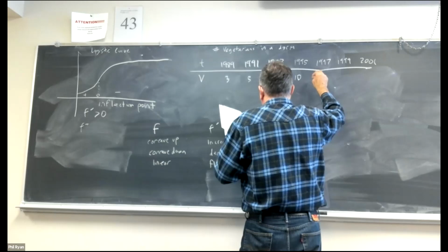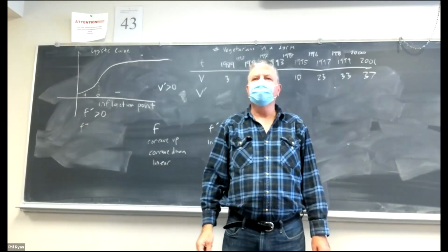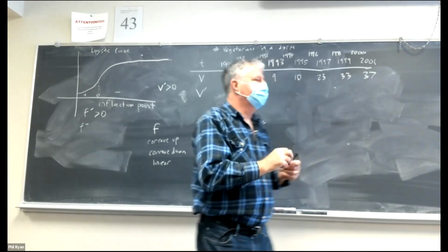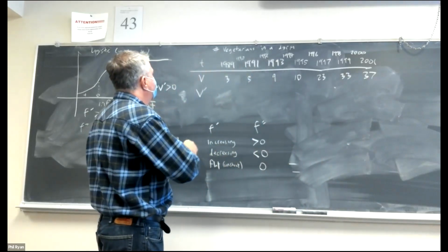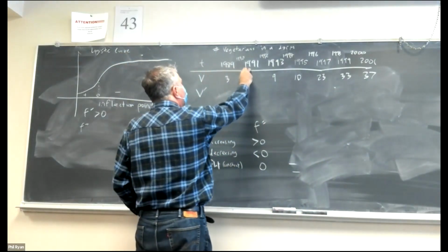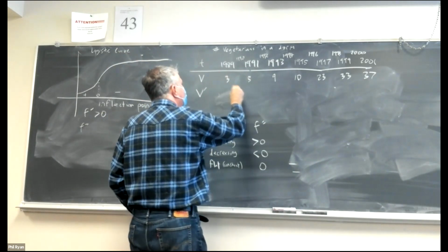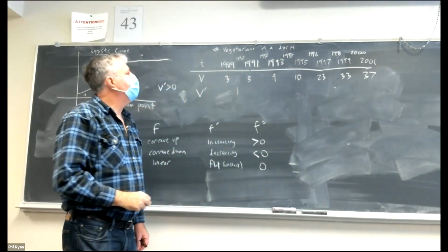Let's figure out what V prime is at the in-between, the even years. The reason we do that is because it's a nice short interval. It goes up 2 in 2 years, so the derivative is 1.